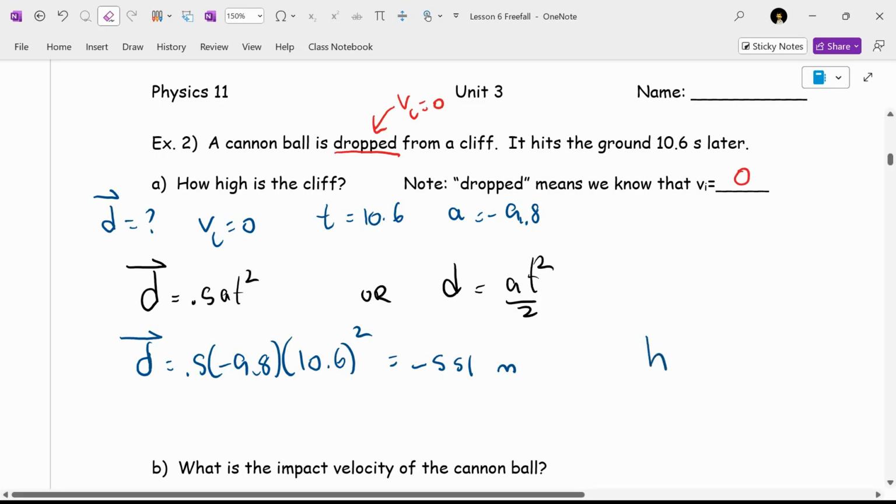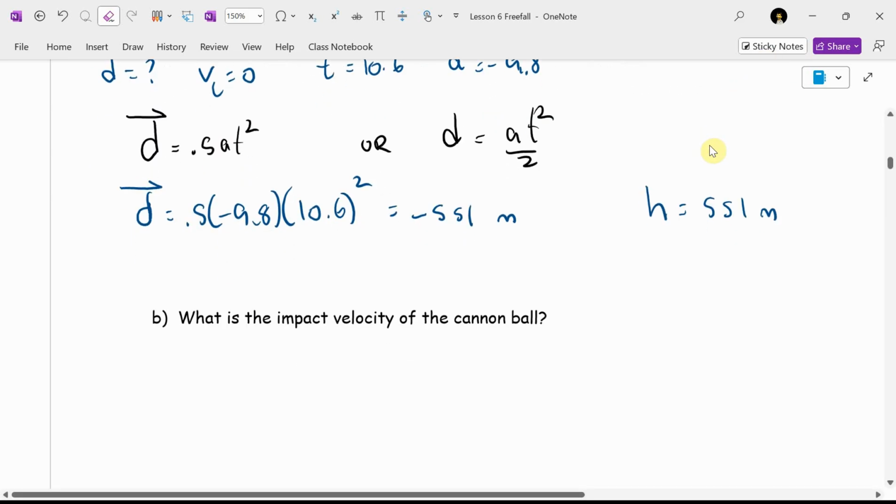So I'm going to say the height is positive 551 meters, just because when you talk about a cliff, you don't say a cliff is negative 551 meters high, but I will take either answer, the positive or the negative one, because we haven't done the unit where we start talking about height as a scalar yet. I'm sneaking it in right now. Okay?